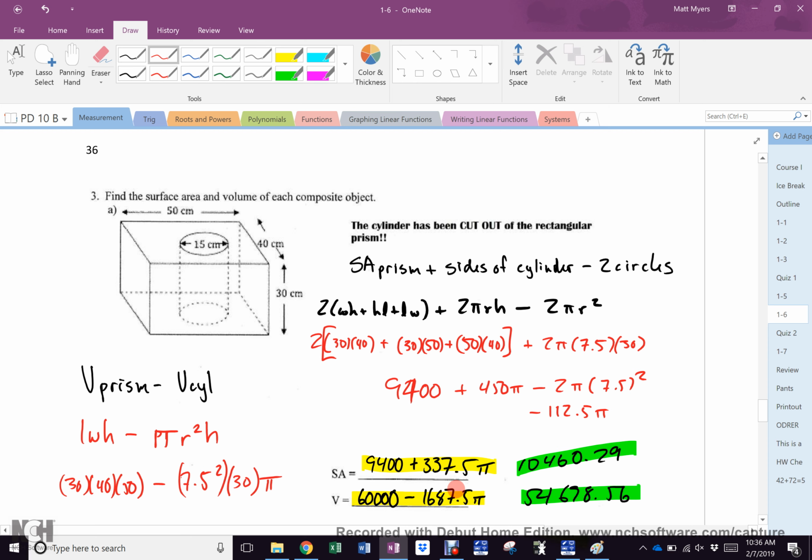It ends up being 1,687 pies. And 30 times 40 times 50 is 60,000.